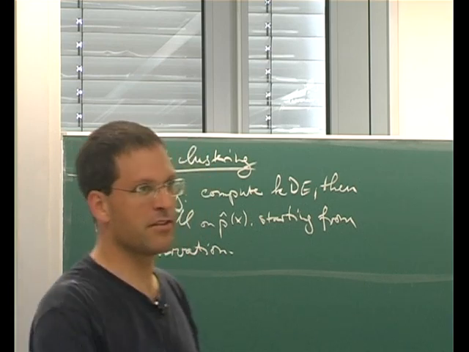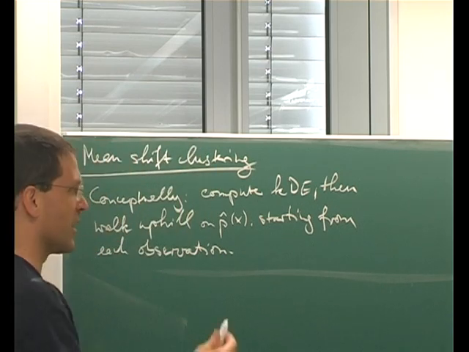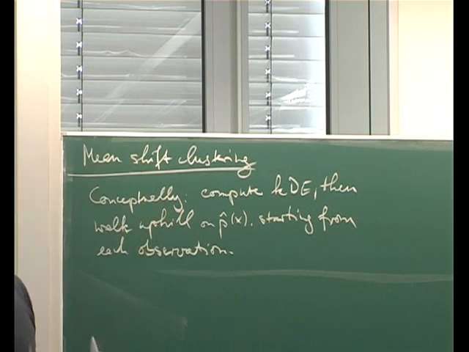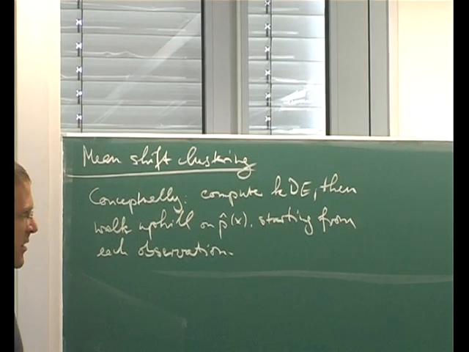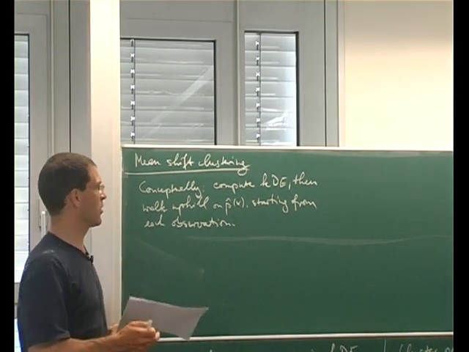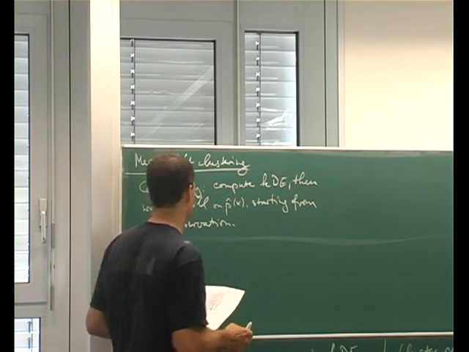So you can think of your density estimate as a landscape, and you have hikers that start at the locations where you have observations. Each hiker walks strictly uphill, and those hikers that meet on a given summit, they form one cluster, they belong together.